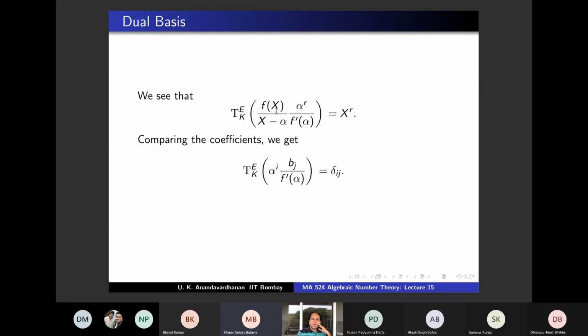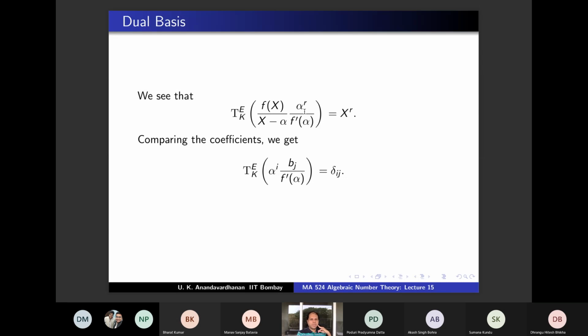So once again, what is f(x) by x minus alpha? It is summation bi x power i, right? Yes. So this polynomial is summation bi alpha power r by f prime alpha times x power i. But trace of a polynomial is trace of the coefficient times the variable. So trace of this polynomial is summation trace of bi alpha power r by f prime alpha times x power i.